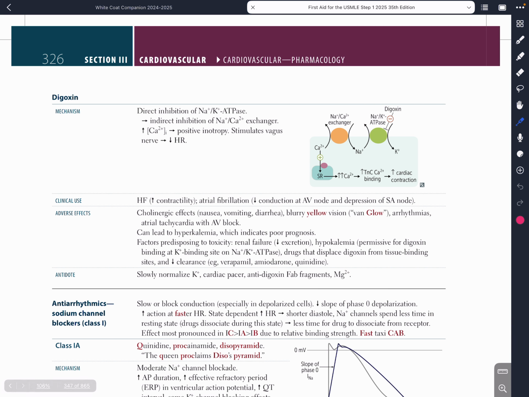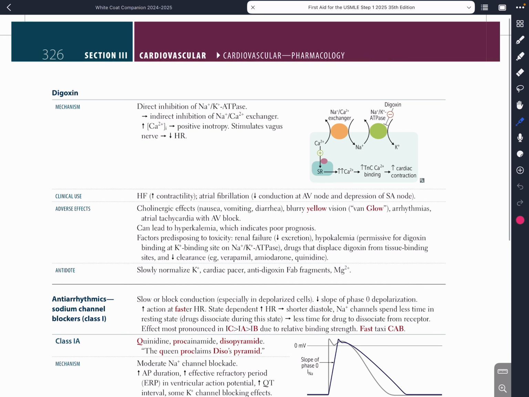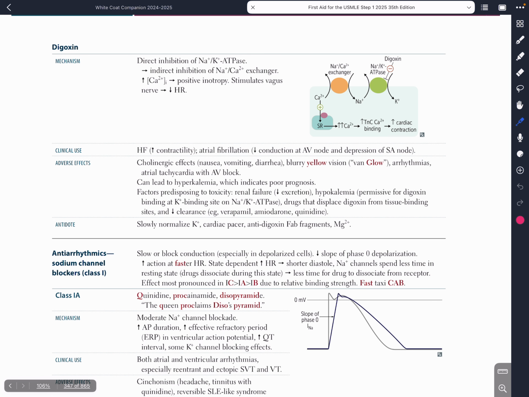Next cardiovascular drug is digoxin. Digoxin mechanism is that it directly inhibits sodium potassium ATPase. This causes indirect inhibition of the sodium calcium exchanger, causing increased positive inotropy by increasing calcium intracellularly. This stimulates the vagus nerve, eventually causing lowering of heart rate.